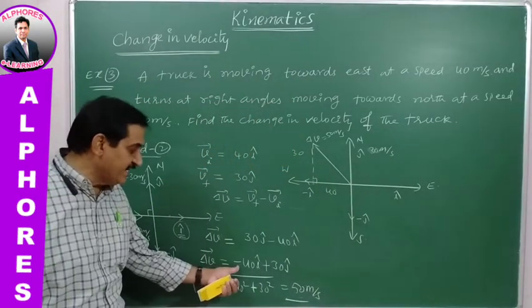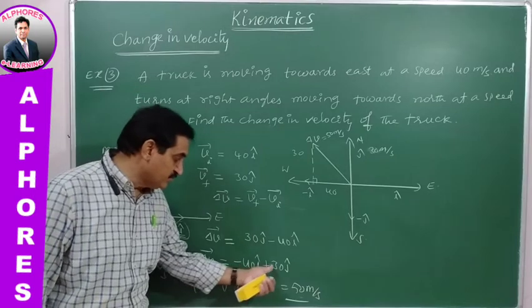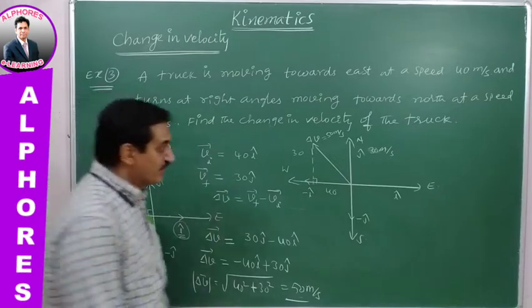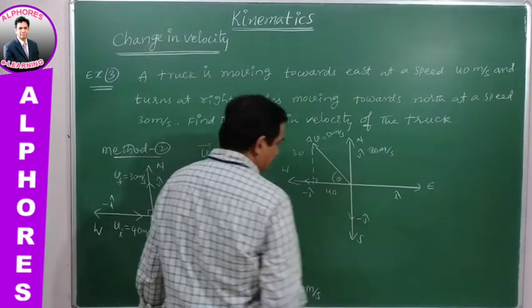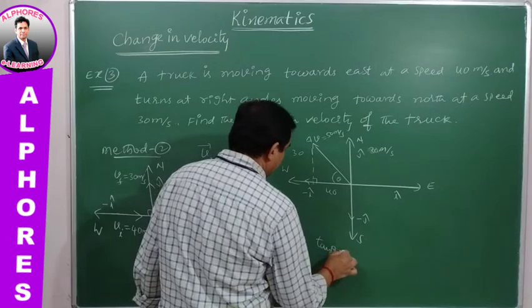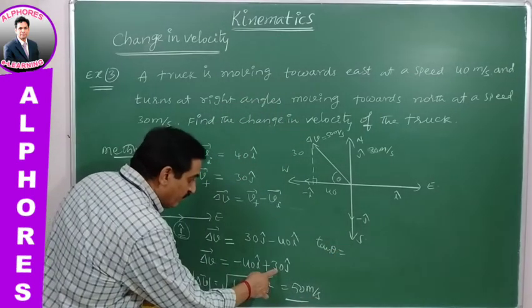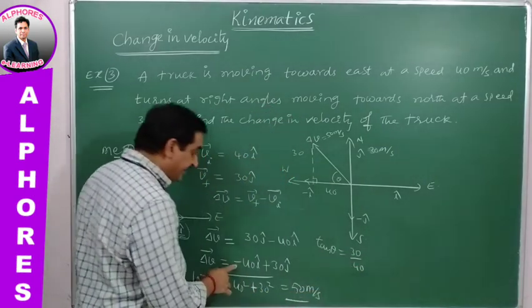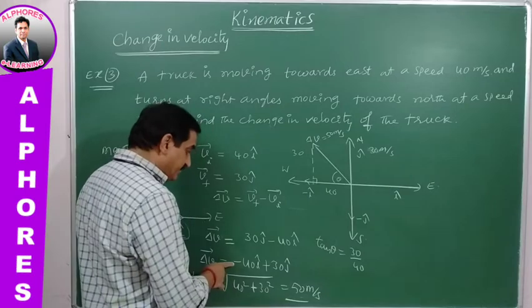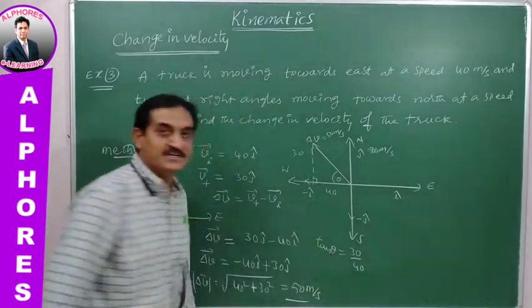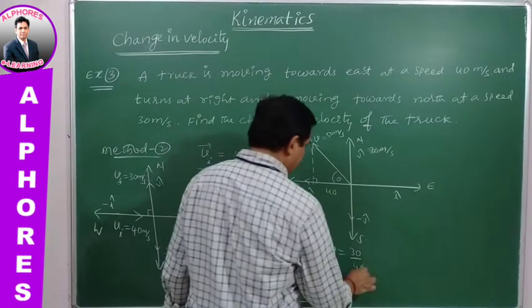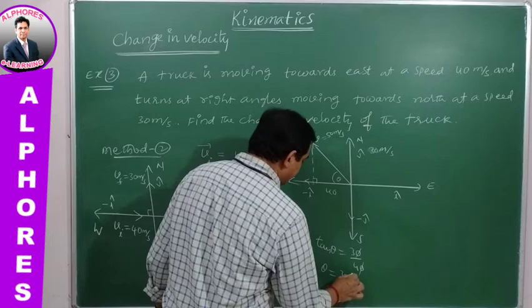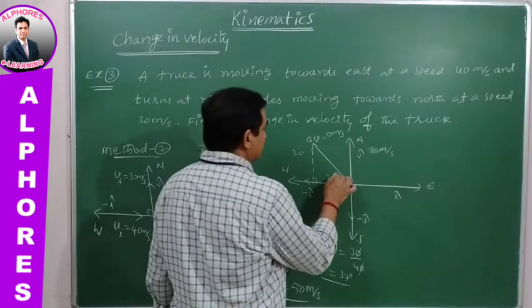Don't take a negative sign here. Already based on the sign convention we decided it comes in the second quadrant. Therefore this is angle theta. Tan theta is equal to y component by x component, that is 30 by 40. Don't take a negative sign again. Therefore these two get cancelled. Tan theta equals 3 by 4 means 37 degree.